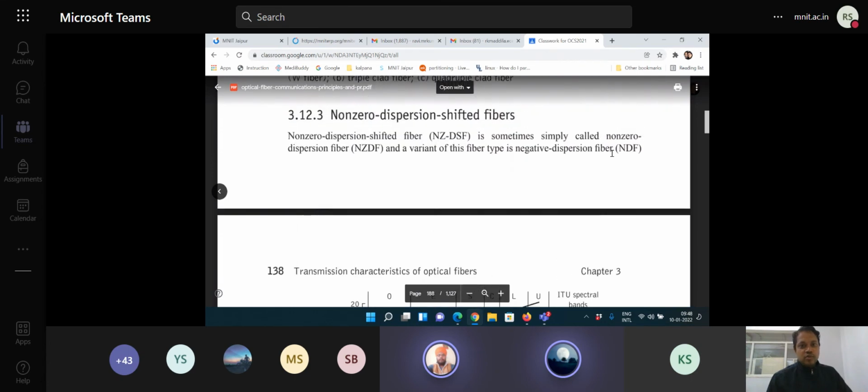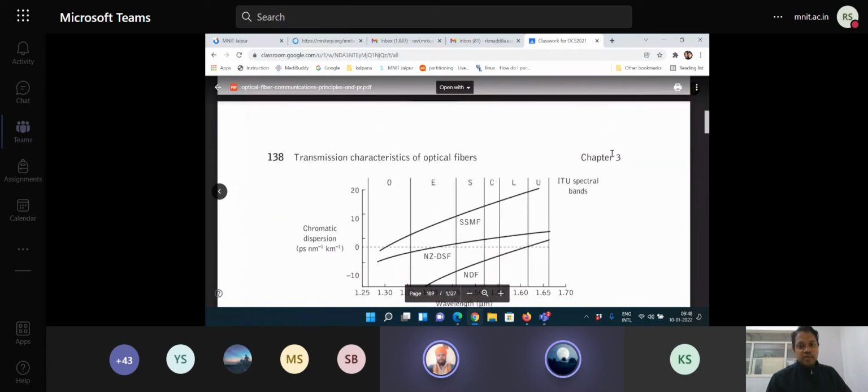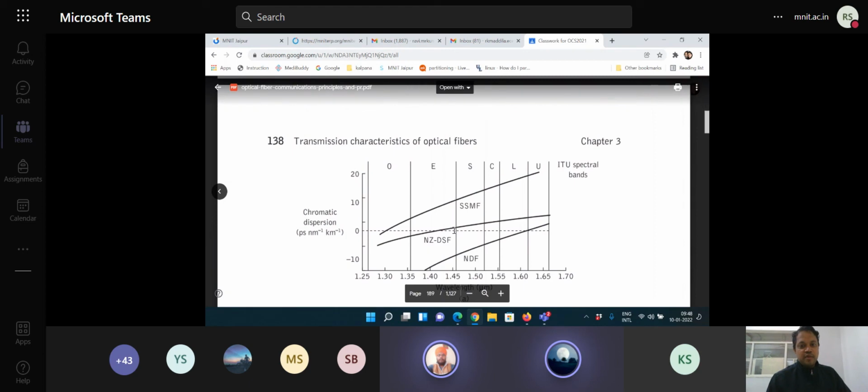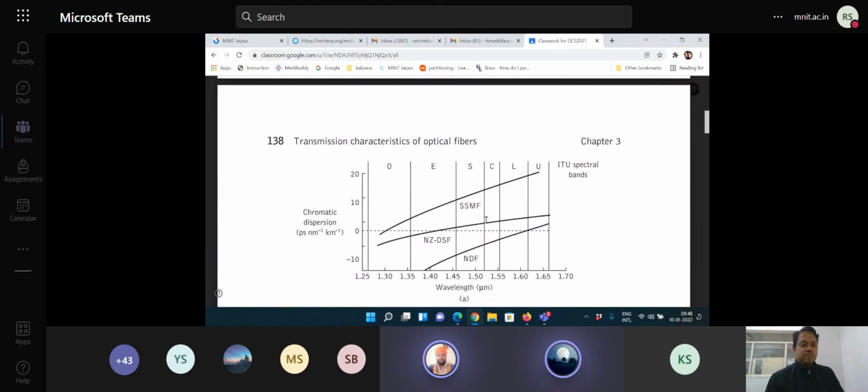So this non-zero dispersion shifted fiber is another type of fiber wherein the dispersion slope is less than what you have for a standard single mode fiber.